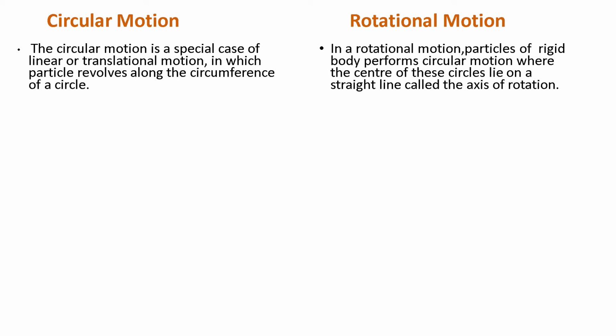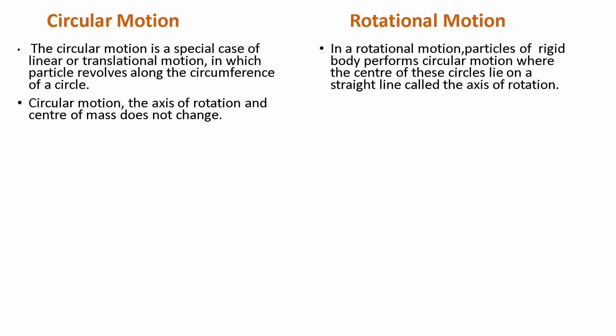Means a rigid body consists of many, n number of, particles, and each particle performs a circular motion about an axis, and this axis is nothing but the axis of rotation. In a circular motion, the axis of rotation and the center of mass do not change.